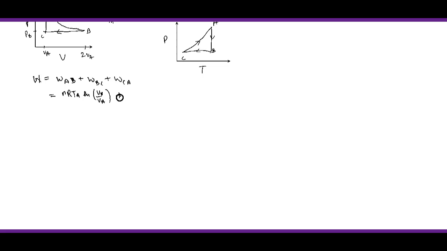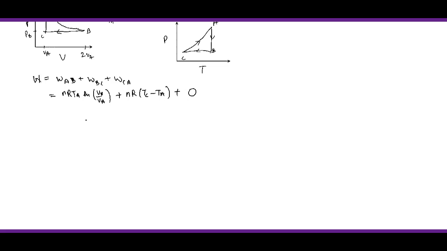And for BC, it will be nR(TC minus TA), right? And for CA this will be 0, right?